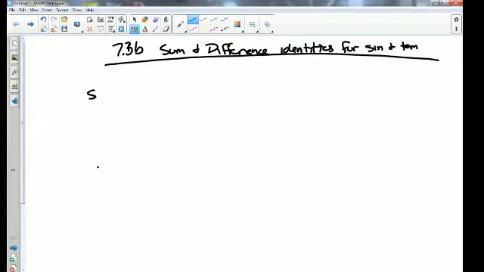Okay, so the sum identity for sine is sine fishy plus cosine taily.